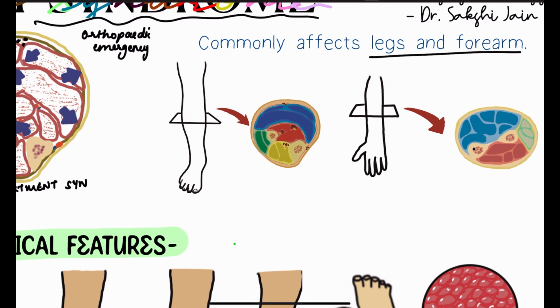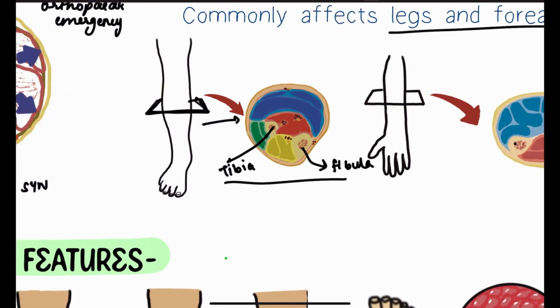We are just going to see what this compartment looks like in the cross section of the lower leg and the forearm. The fibula and tibia bones divide the lower leg into 4 compartments. The blue one is the superficial posterior compartment. The red one is the deep posterior compartment.